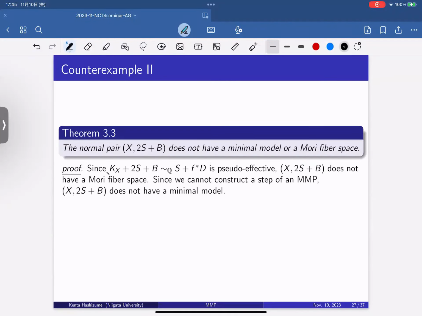Since this divisor is Q-linearly equivalent to this divisor, and this is pseudo-effective, by the property of the minimum model program or the Mori fiber space, we can check that this pair cannot have a Mori fiber space.